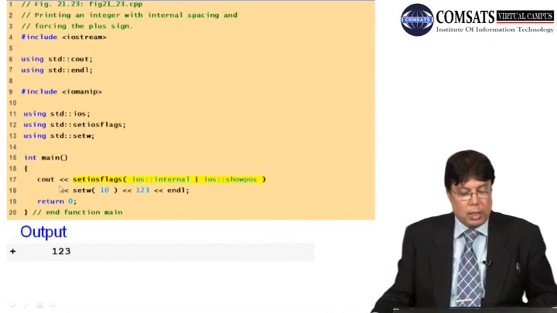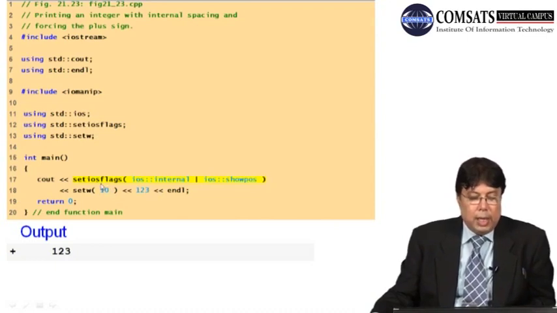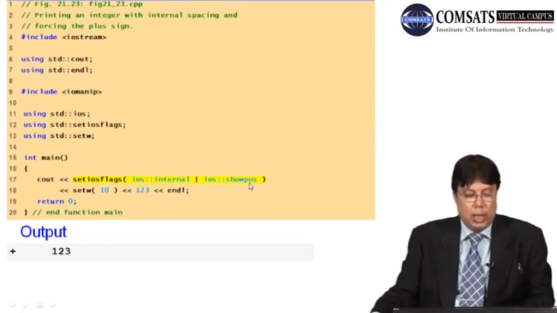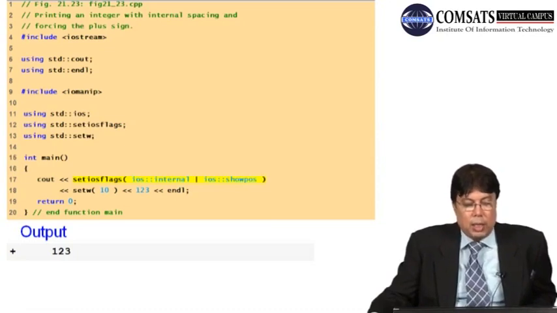Okay, and this is the simple internal showpos. This setw 10, 1 2 3. This is basically the 2 flags, internal and showpos. This is not showpoint, it is showpos. So you have set that, and then you have set the width also, 10 characters.